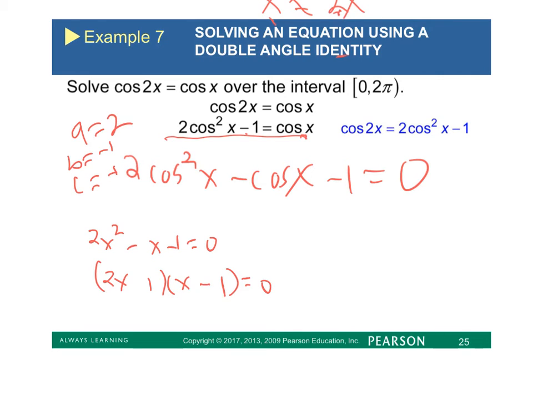Minus here, negative 2x plus an x is a negative x. Ah, there it is. So remember, everywhere you see the x, it really meant cosine of x. That's x, that's x squared. So it's going to be 2 times cosine of x plus 1, 2 times cosine of x. No, it isn't.